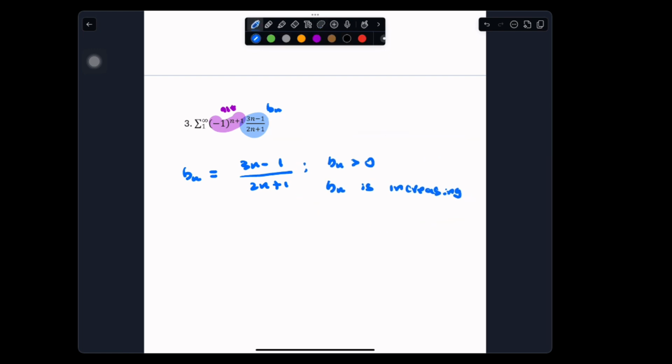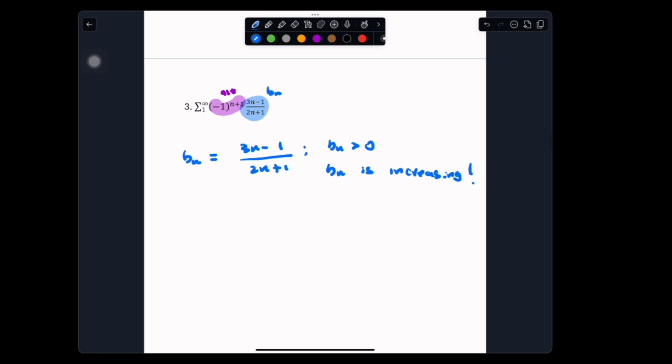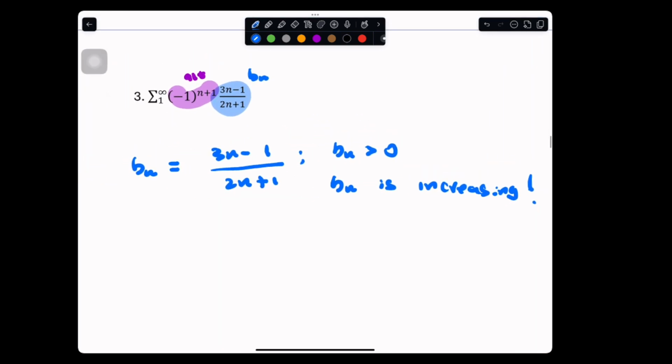Yes. So it does not satisfy the conditions of the alternating series test. Now, does it? Say no. All right.